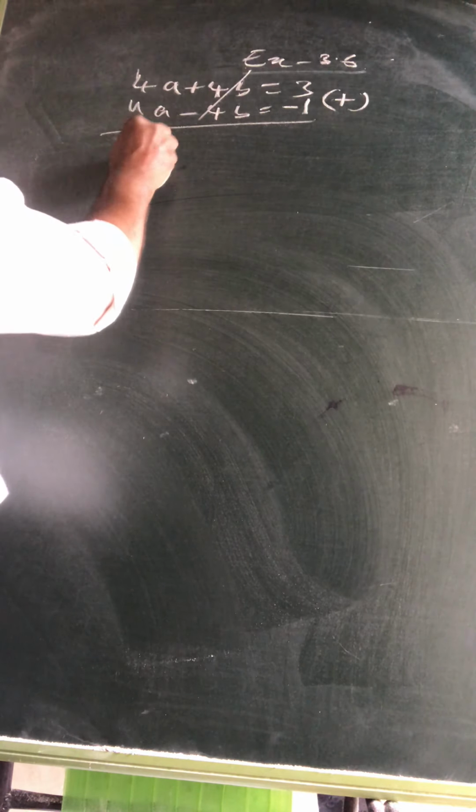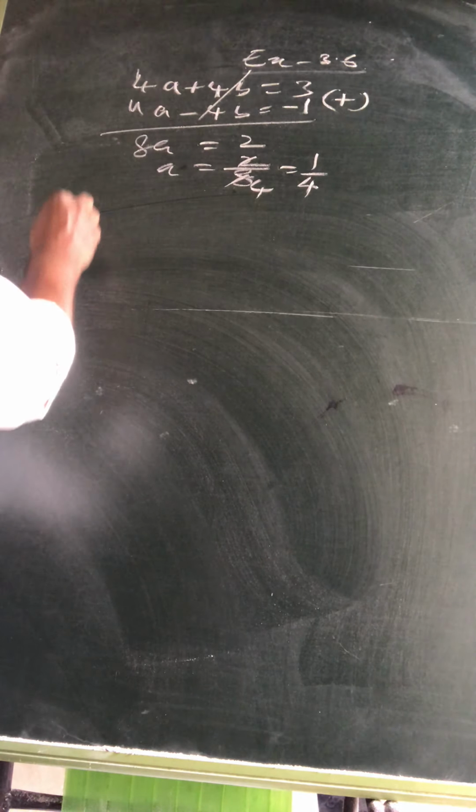Just by addition we are able to eliminate b. Yes, plus 4b minus 4b cancel. 8a is equal to 3 minus 1, which is 2. a is equal to 2 by 8. 2 1s are 2, 2 4s are 8, so a is equal to 1 by 4.